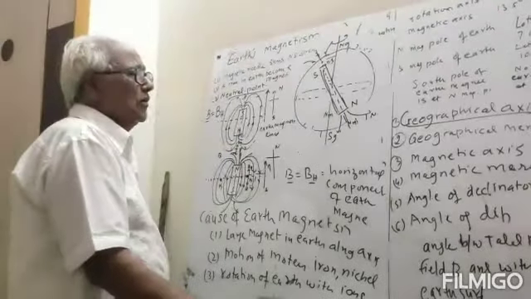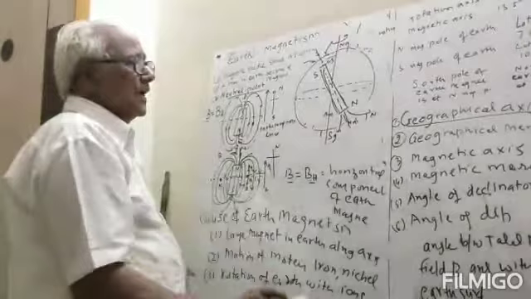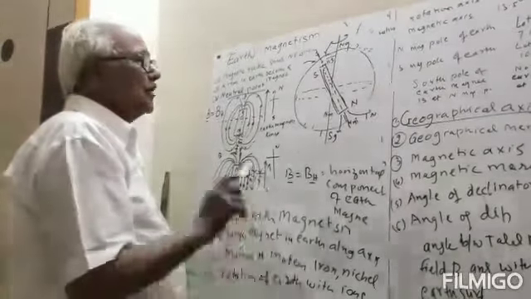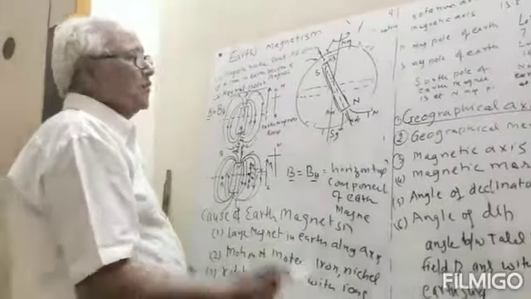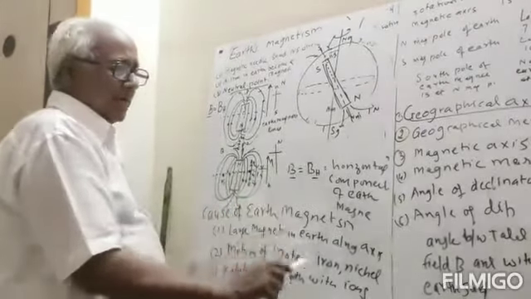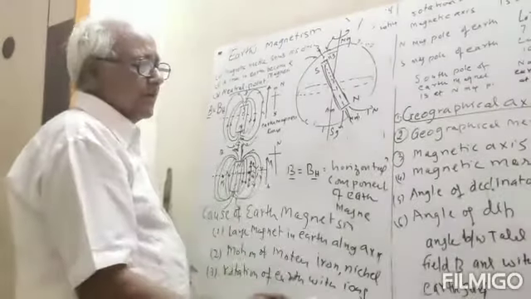It fails because inside the earth the temperature is very high. The metals are in a molten state, and in that condition the magnetic properties cannot be sustained. If you have a bar magnet and you heat it, then it will lose its magnetic property.